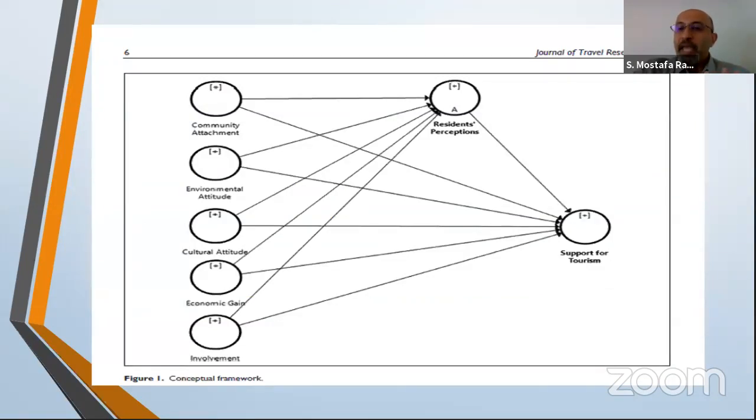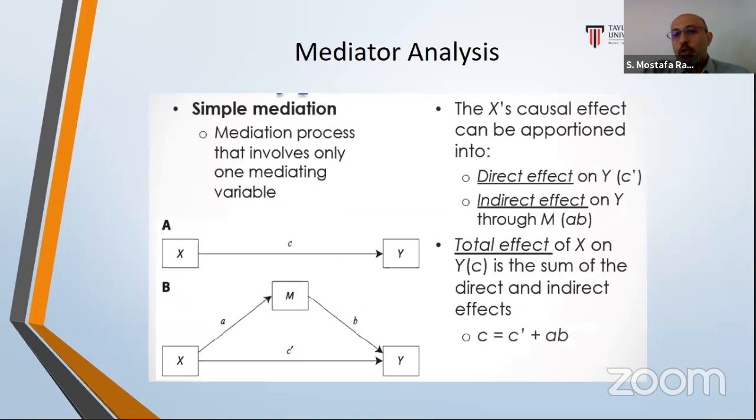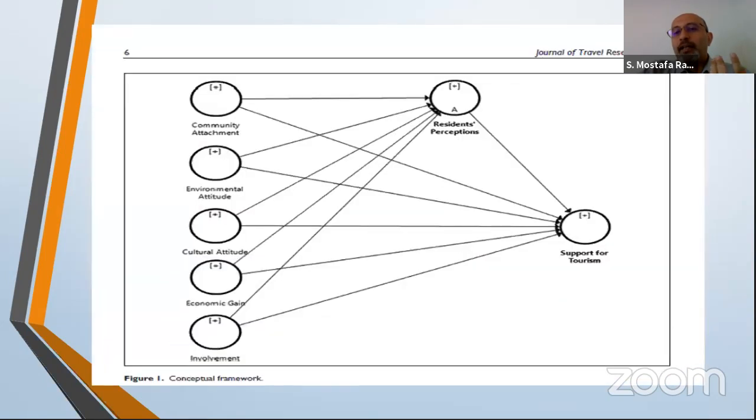If we know mediator is something that explains the mechanism, then the mediation hypothesis should be: community attachment has an indirect effect on support for tourism development through resident perception.